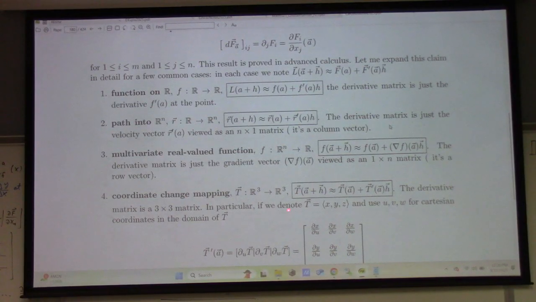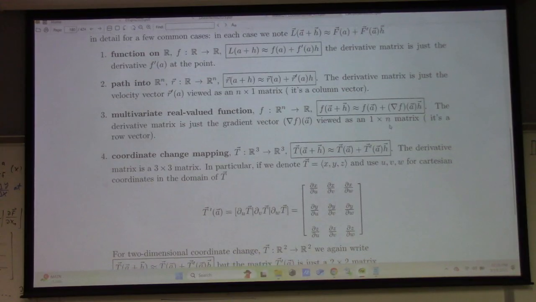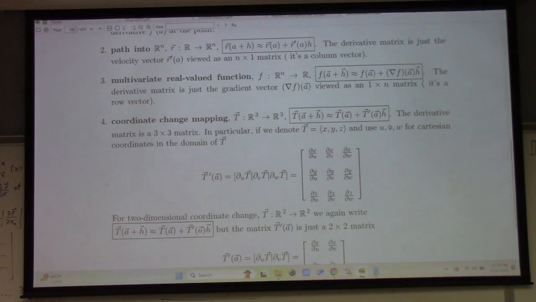The coordinate change map, we'll need this later, but if you have a mapping from, say, R3 to R3, where the input is rho, phi, theta, and the output is x, y, z, that would be a coordinate change map. And in that case, the Jacobian matrix is 3 by 3. We'll see this later in the course as we study change of variables for integration.